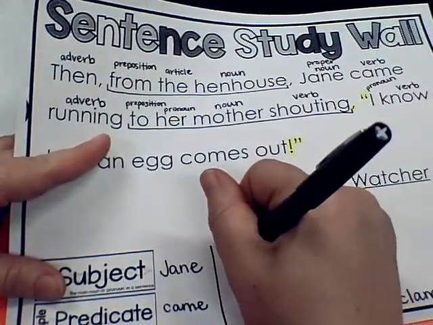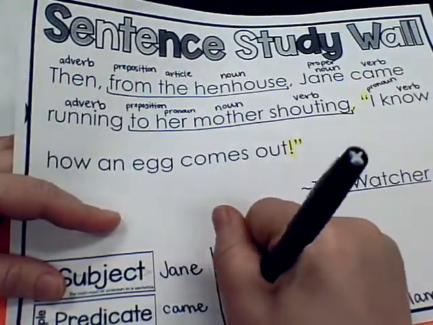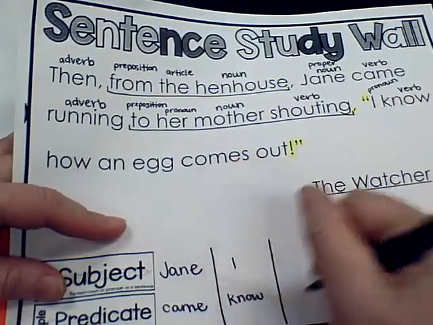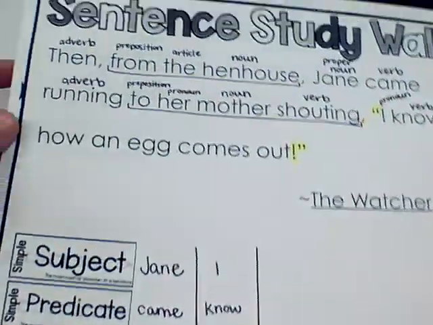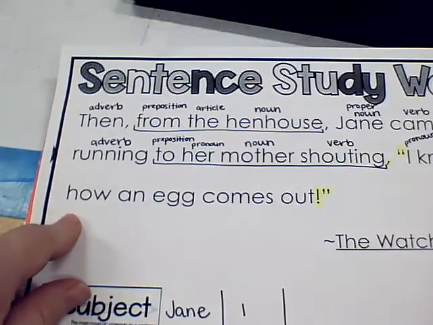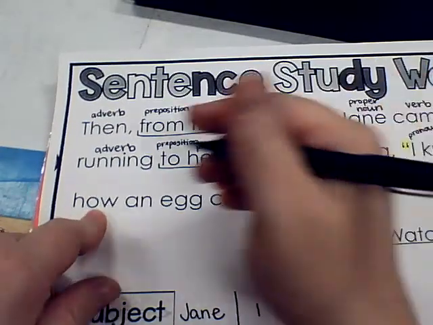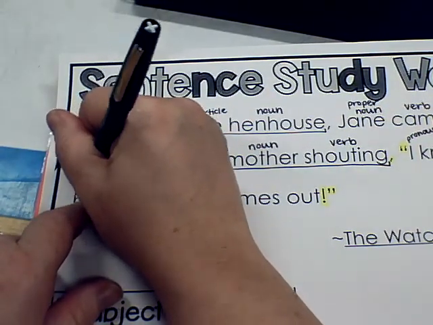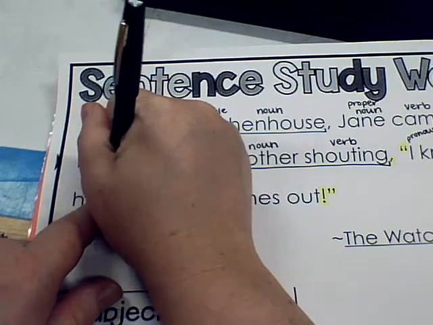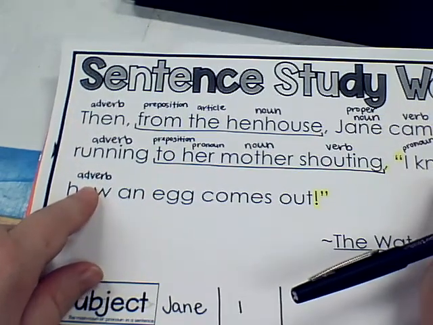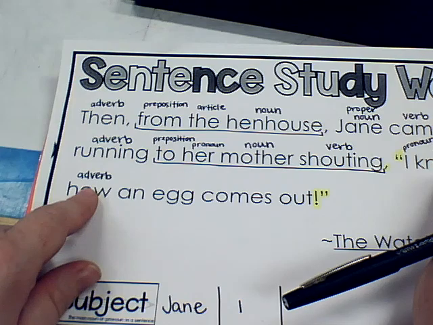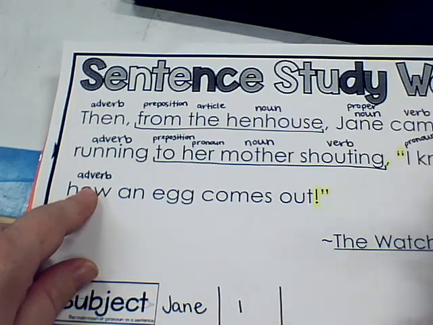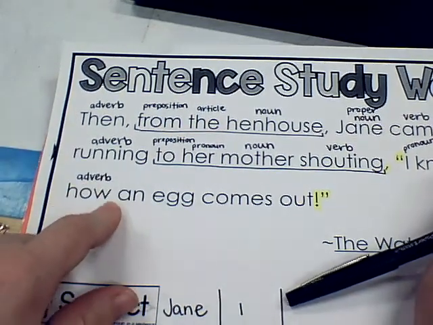So I know. How. How is another adverb, because it's helping describe know. So she knows what? She knows how.